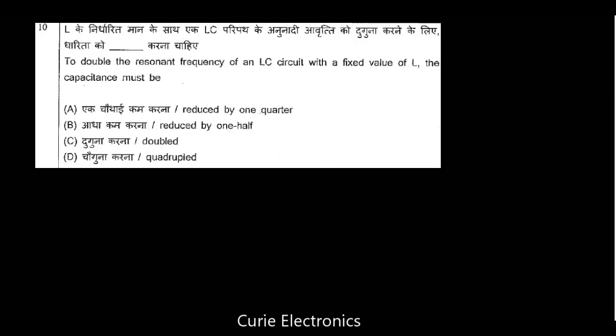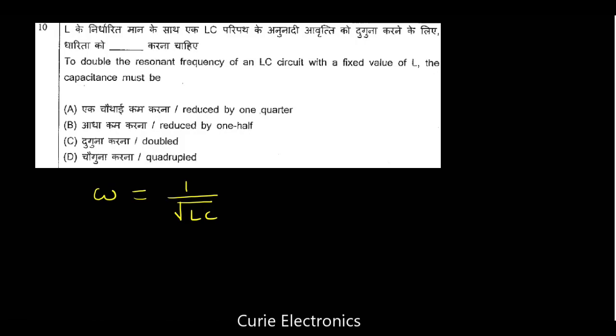Question number 10. To double the resonant frequency of an LC circuit with a fixed value of L, the capacitance must be? So let's take the angular frequency omega of the LC circuit, which equals 1 upon root LC.